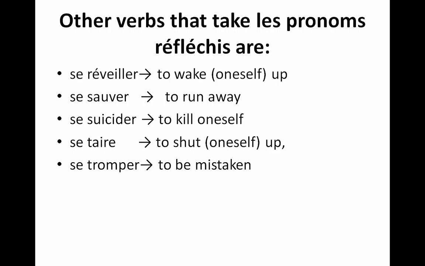And then you have se tromper, which is to make a mistake, and it's also to cheat on a lover, girlfriend, boyfriend, and so on and so forth. Se tromper, je me trompe, tu te trompes, il se trompe, nous nous trompons, vous vous trompez, ils se trompent. Okay, and those are your pronoms réfléchis.